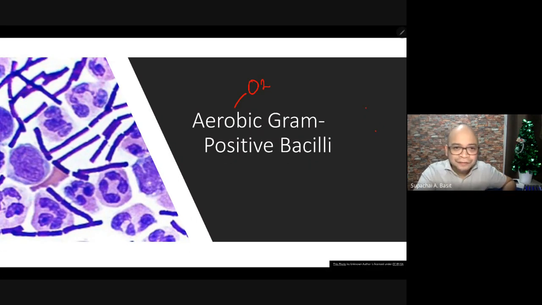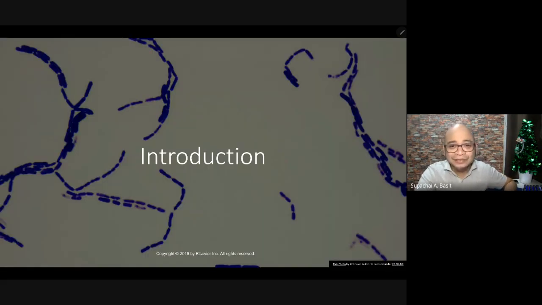For the aerobic gram-positive bacilli, we will also have several categories later on. So I will be sharing with you what the different categories are. Again, just to give you a background, whenever we say aerobic gram-positive bacilli, obviously when you say gram-positive, they stain purple or violet. And you'd also notice that they are rod shaped.